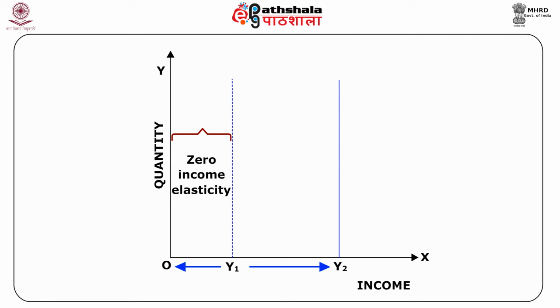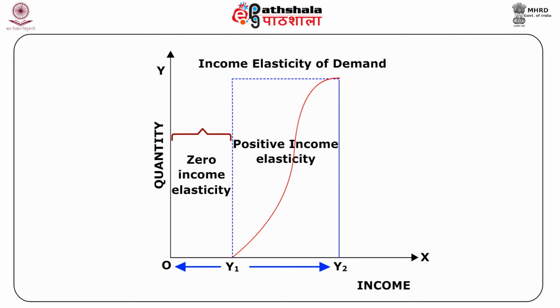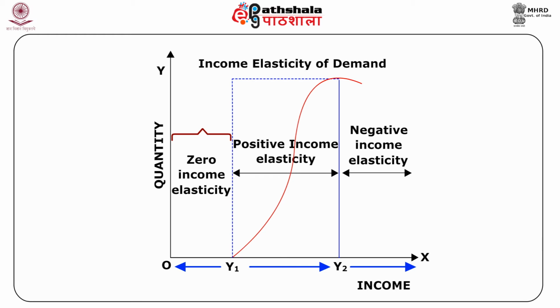When income rises from y1 to y2, quantity demanded also increases, and it makes income elasticity positive. Lastly, when income rises above the Y2 level, quantity demanded falls from its peak point, making income elasticity negative.